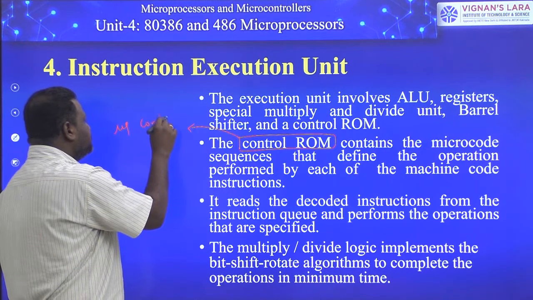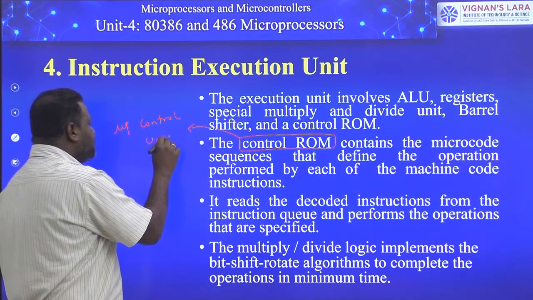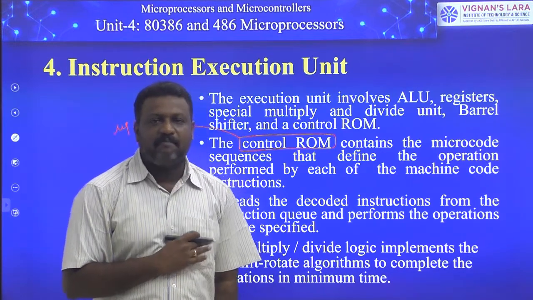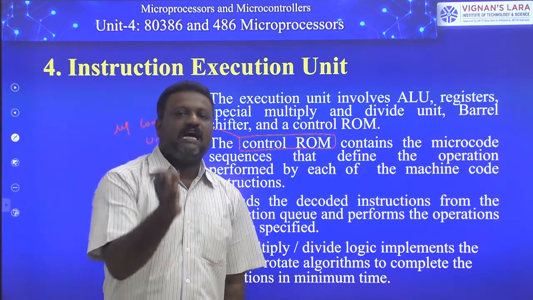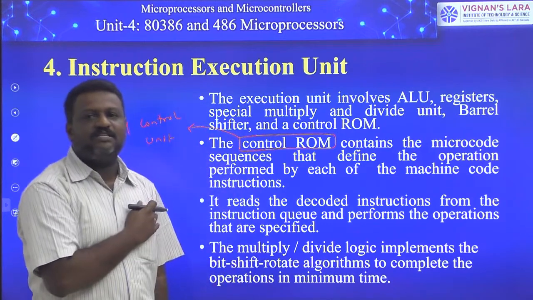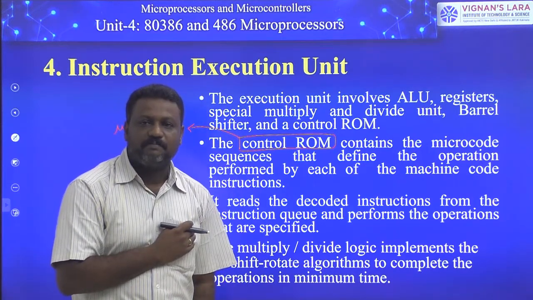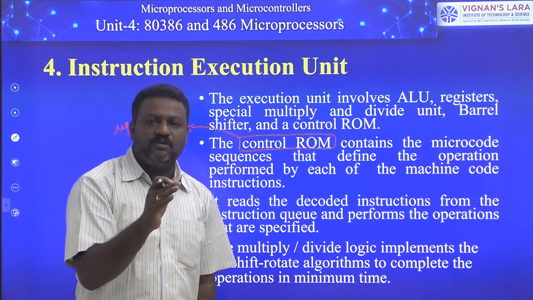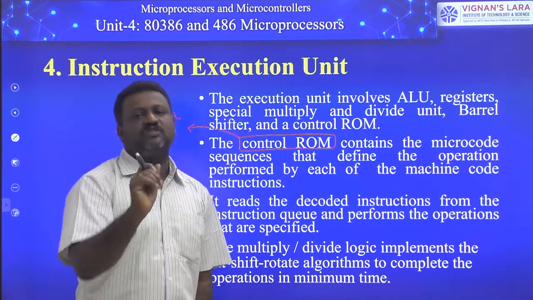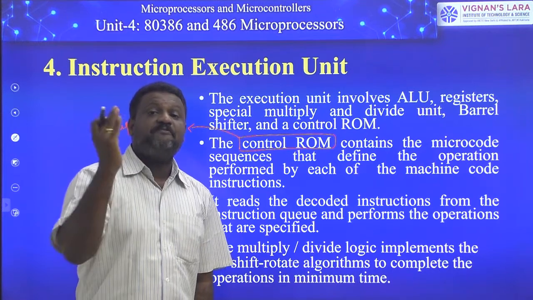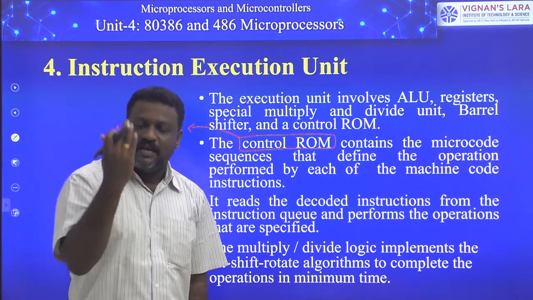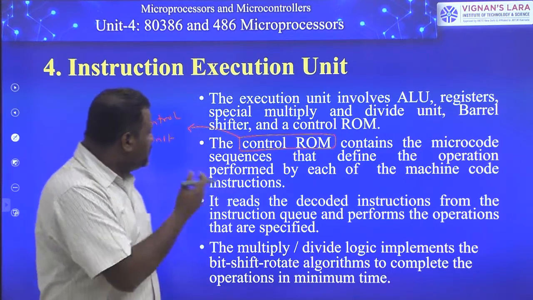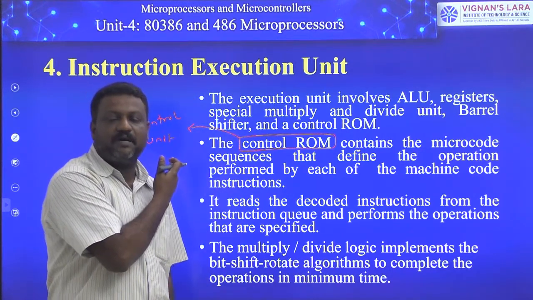microprogrammed control unit. I think everyone is aware there are 2 types of control units we use in our systems. One is a hardwired control unit and the second one is a microprogrammed control unit. If you use a microprogrammed control unit, especially in CISC systems, where we find more instructions in the instruction set, in such CPUs we find this microprogrammed version of the control unit.